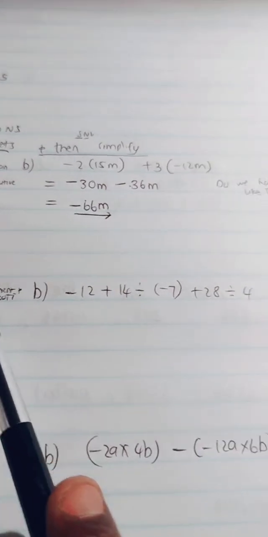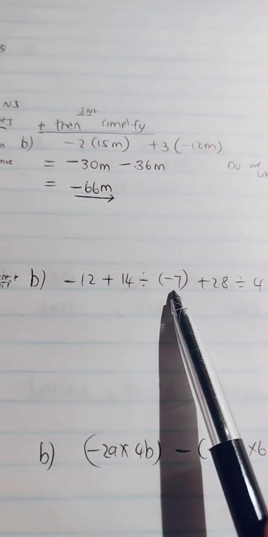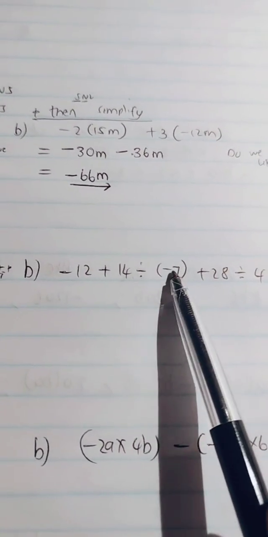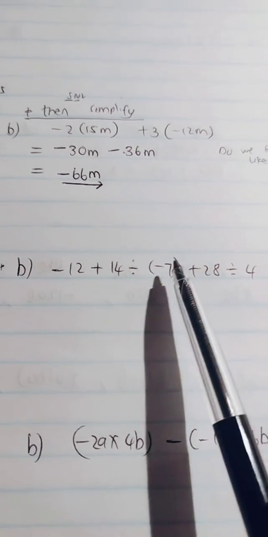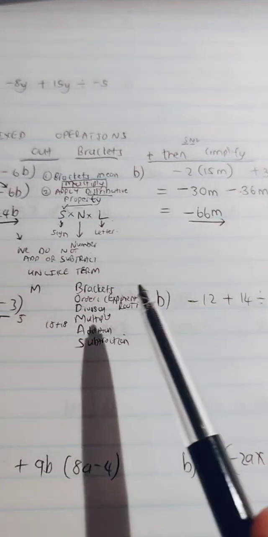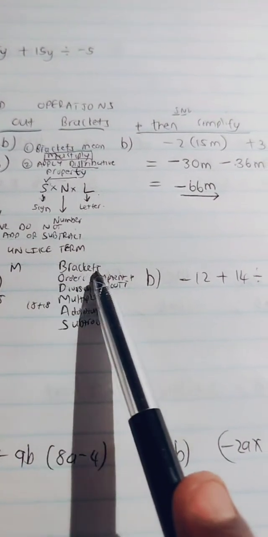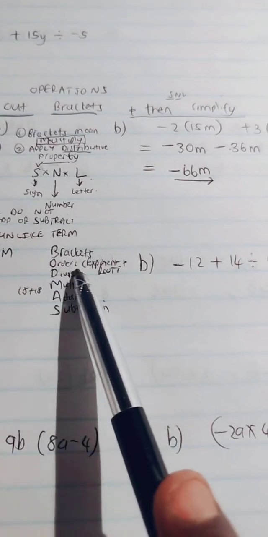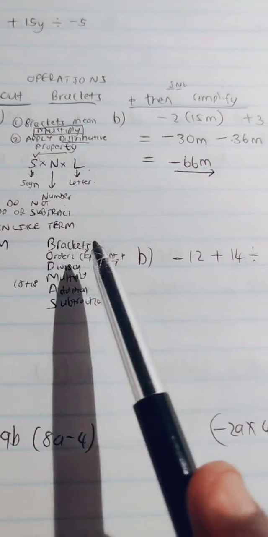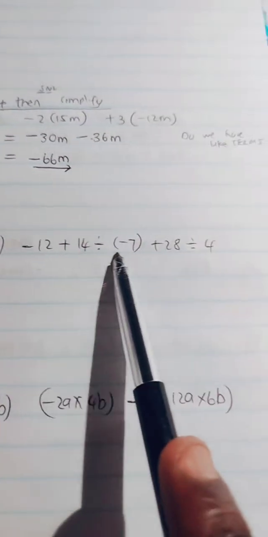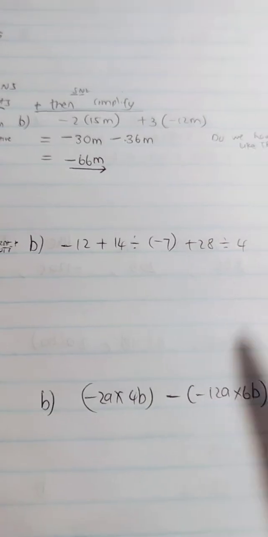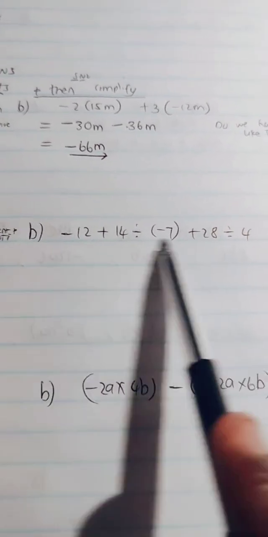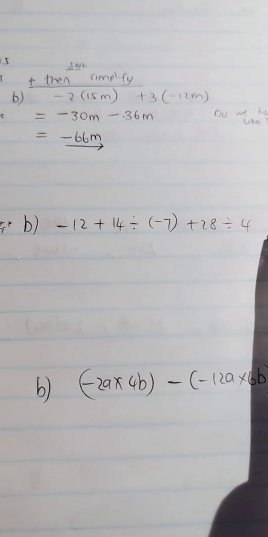Do we have any brackets? Well, we do. Can we solve anything inside this bracket? No, we can't. So I'm going to leave brackets and go to orders. What are orders? Exponents and roots. Now I don't have any roots or exponents in this particular problem.